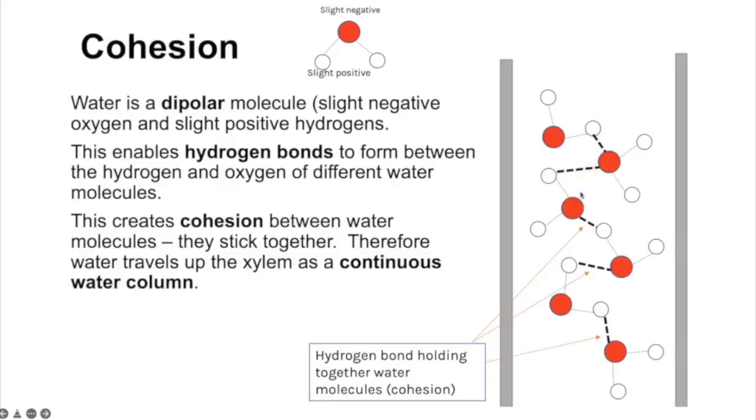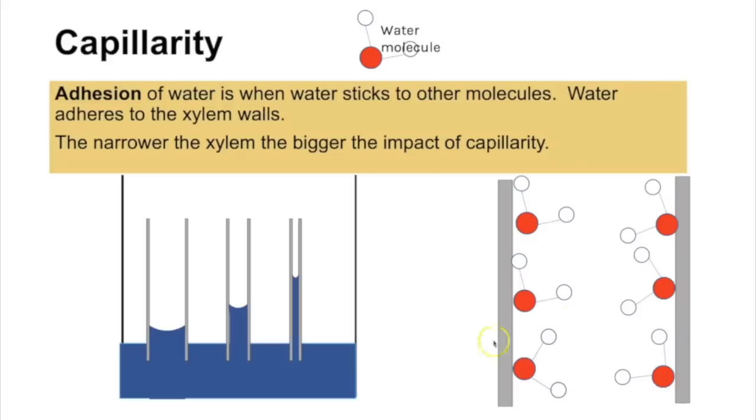And it creates this cohesion or sticking together of the water molecules. Now that's an advantage because as the water moves up the xylem, it's all bonded together with these hydrogen bonds, and it moves up as a continuous column of water, and it's much easier to pull up a column than it is individual water molecules.